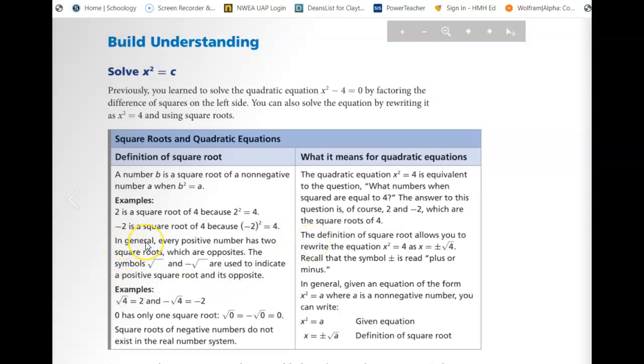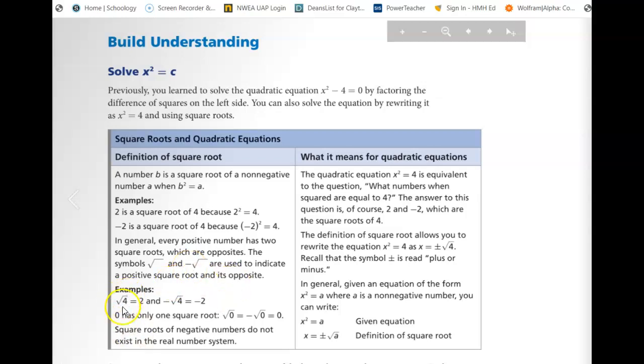So in general, every positive number has 2 square roots, and these are opposites of each other. And you write them like this. Positive square root, also called the principal square root, and then the opposite of that. Okay?